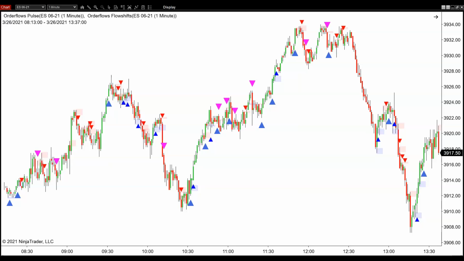So with volatile markets, you're going to see much bigger bars than on non-volatile ones. If I do have it on, honestly, there's not going to be many signals if it's not a volatile market. It may just give you maybe one or two more signals, like in the E-minis. But if you have it off, it's just not going to give you those signals. It's not going to be a big night and day difference. It's going to be very small.